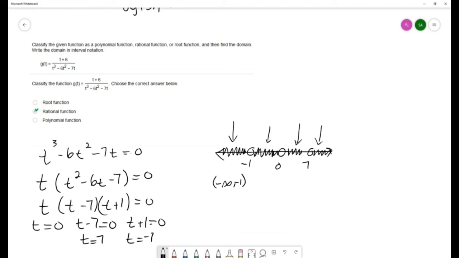Then the next one is going to start at negative 1 to 0. The next one goes from 0 to 7. And the last one goes from 7 to infinity. So this is going to be our domain. Our domain is every real number except for negative 1, 0, and 7. And this is how we write that in interval notation.